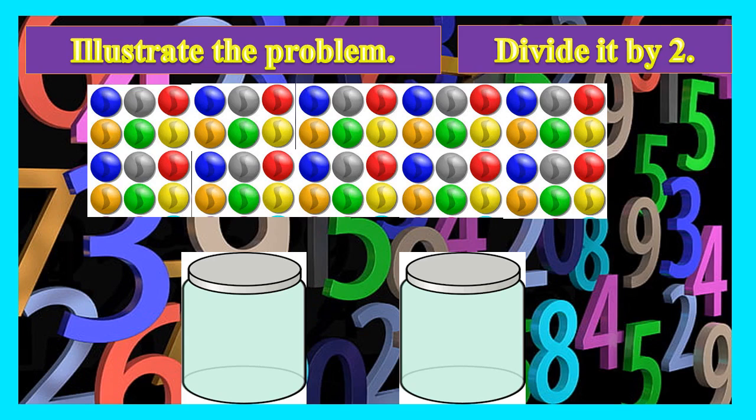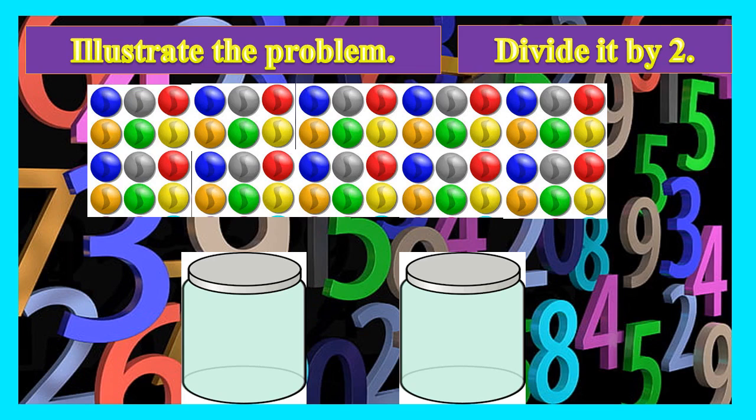Are you ready? So let's begin by dividing it by 2. So Jack has 60 marbles. So if he uses 2 jars, how many marbles would be put in each jar?